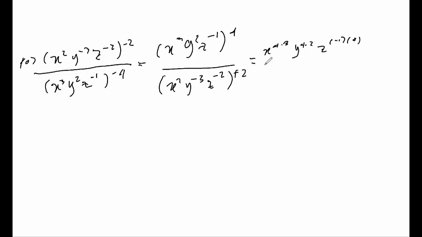And that's what I have on top. And similarly, I'll do the bottom. So I have x to the 2 times 2, because I'm bringing a +2 in there, and then y to the 2 times -3, and then z to the 2 times -2.